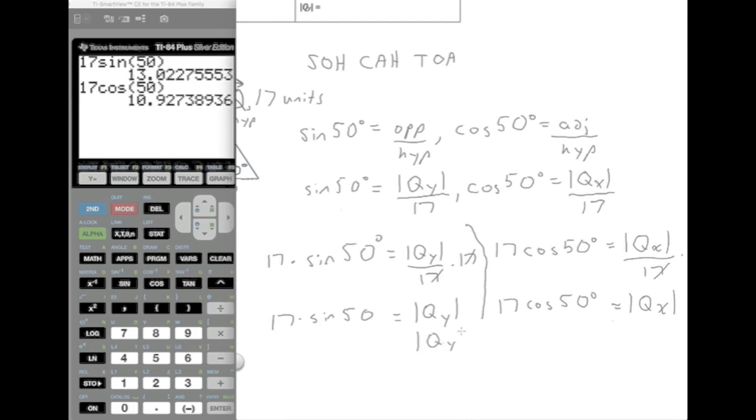So the magnitude of qy was 13. I'll just round that to 13, and I'll round this to 11. That's the magnitude of qx.